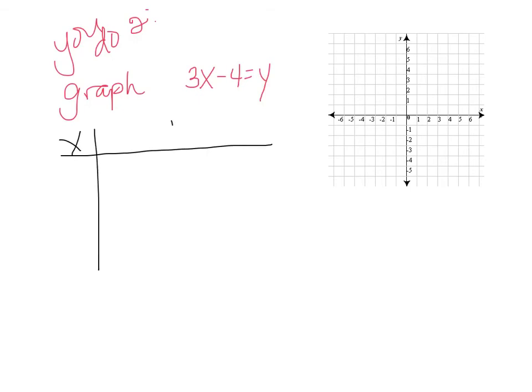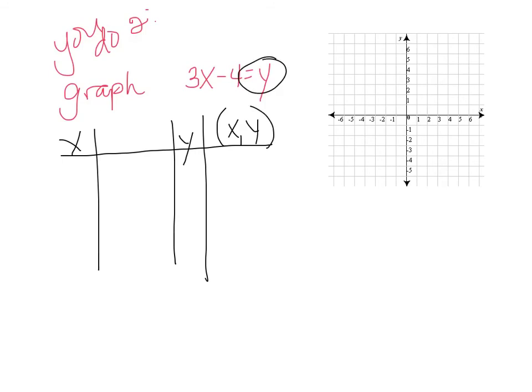We have x, we have y, then our coordinates x, y. This is the equal y part already right here. We just need to put 3x minus 4 right here. Okay, I'm going to use 0, 1, 2, 3. Makes my math nice and easy. In the first row, we'll put rows here.